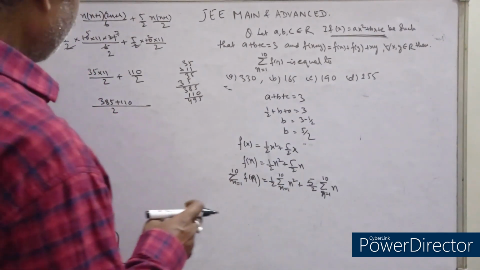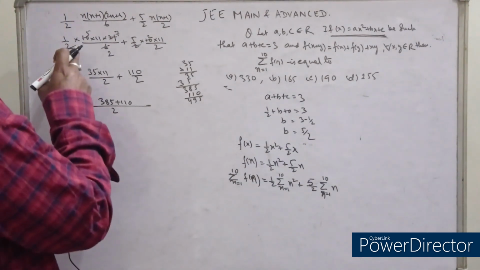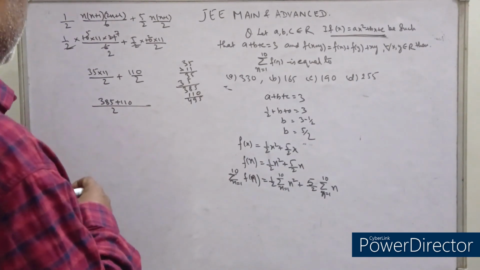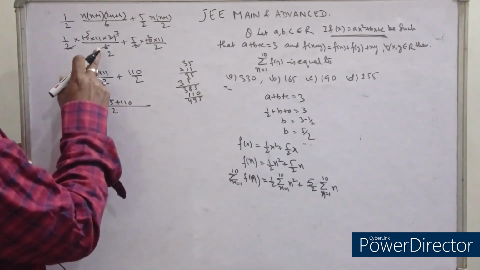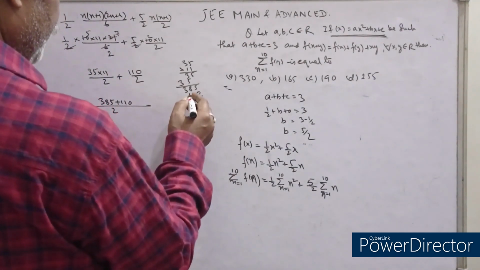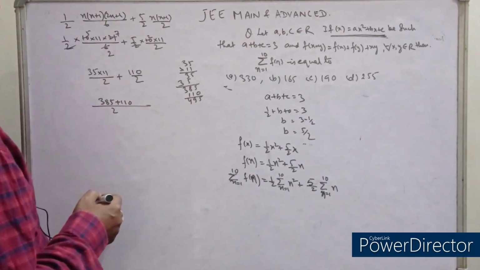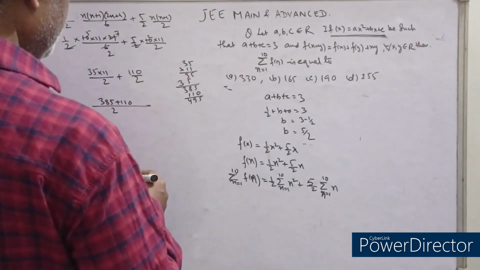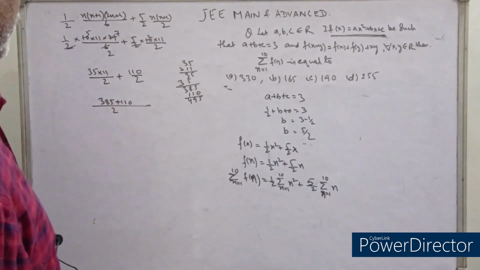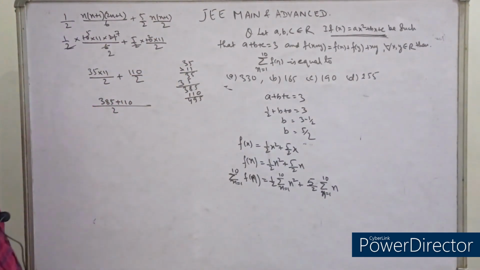So here 7 fives are 35, and here this is 10 into 5, so this will be 55 into 5.